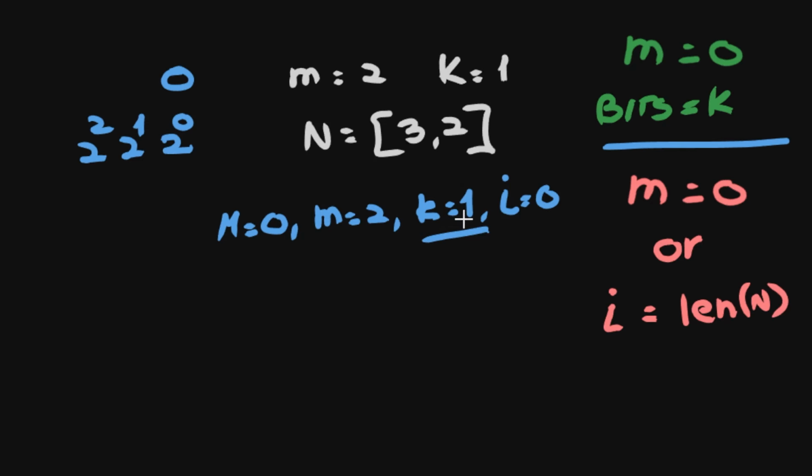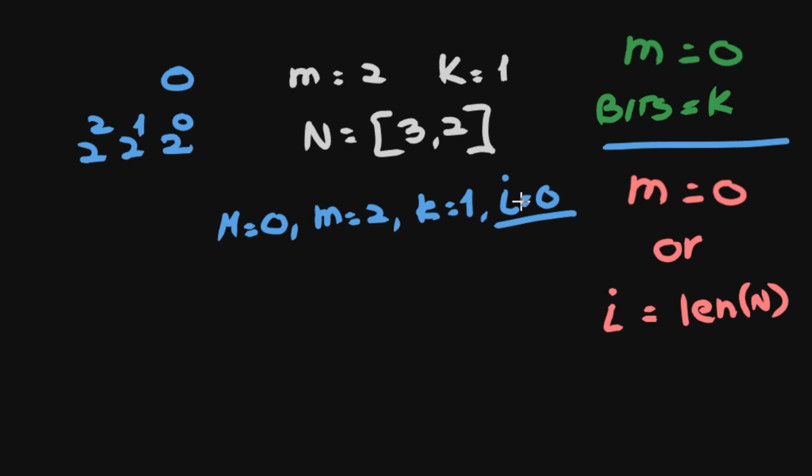K is our target. So if at any point the amount of bits in our mask, the amount of set bits, meaning bits that are 1, is equal to our target, which is 1 in this case, and we have a full sequence, meaning m is equal to 0, this is a successful base case. Here we can return 1.